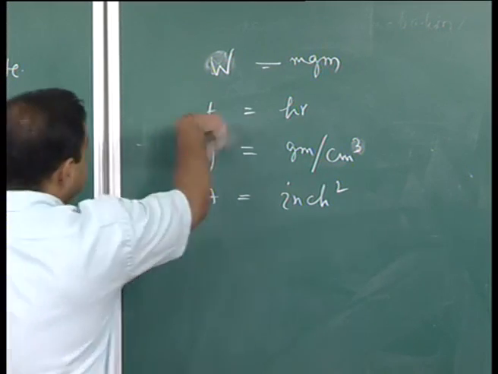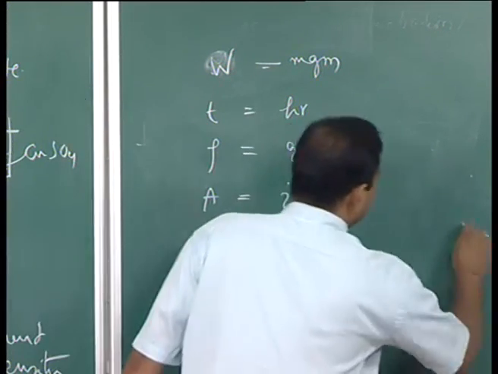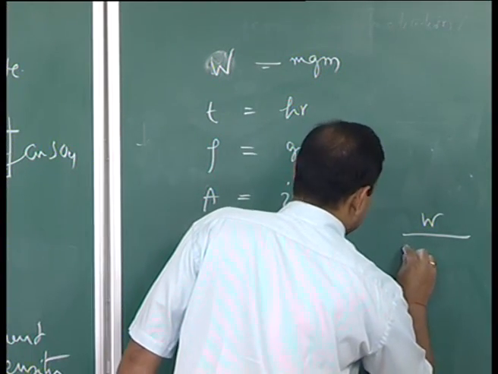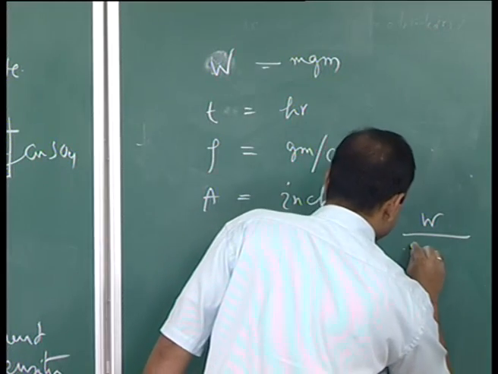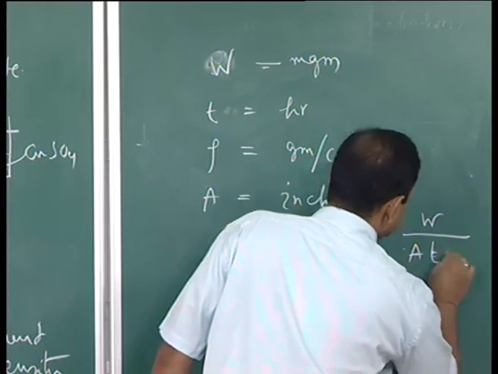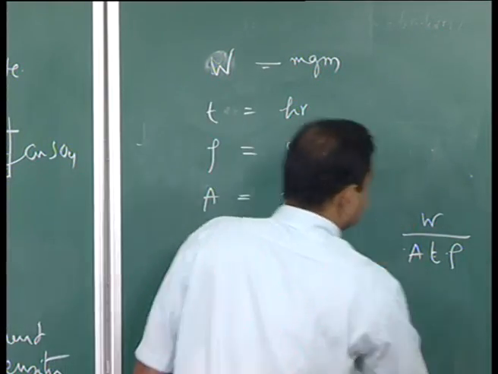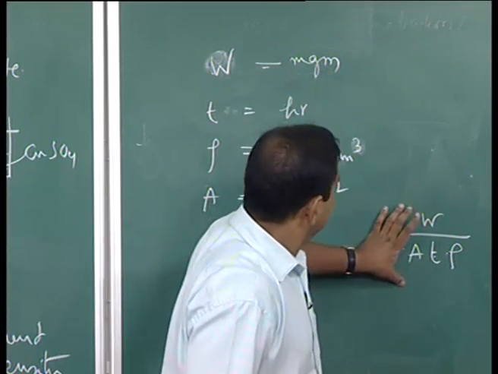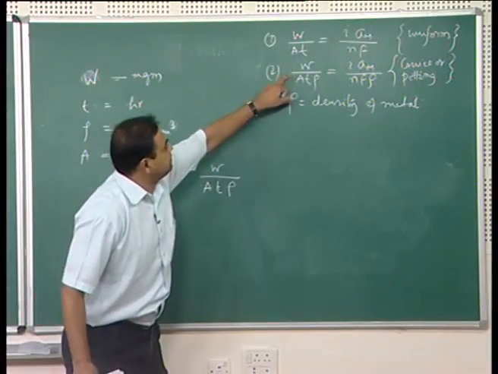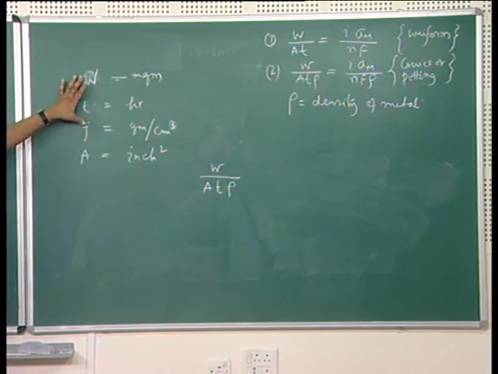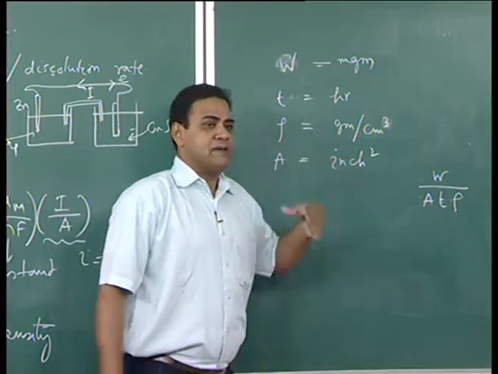Now, if you have this mode, then we know what my weight loss is, what my T is, what my area is, and what my rho is. If you see the relation, this is again length by time, and I have mentioned that this can be expressed in the form of MPY.